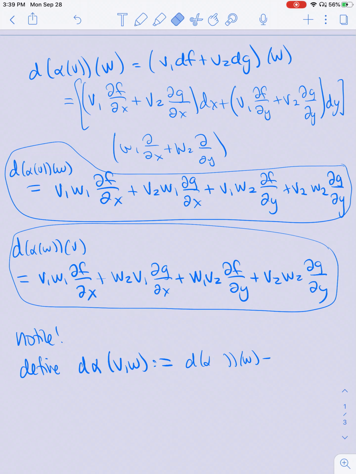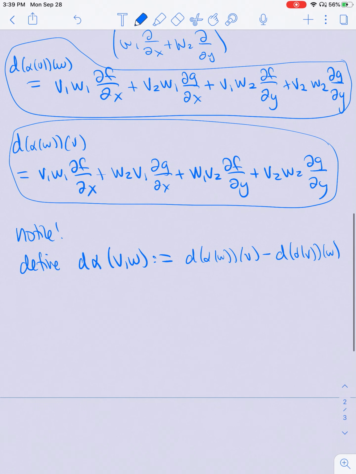So this is d alpha at w of v minus d alpha at v of w in the direction w. So what I'm going to do is take the second formula and subtract the first.